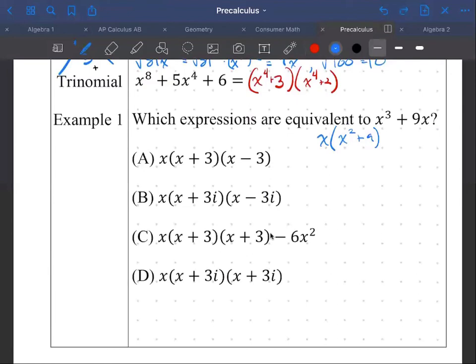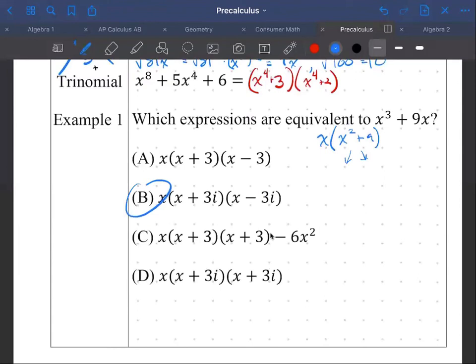So if you use the sum of squares thing, then you can end up with B. Can you say it louder? If you use the sum of squares method, because you simplify out the x, so then you have x squared plus 9, and using sum of squares, B is equivalent to the expression. Yeah, so B is one of the answers.